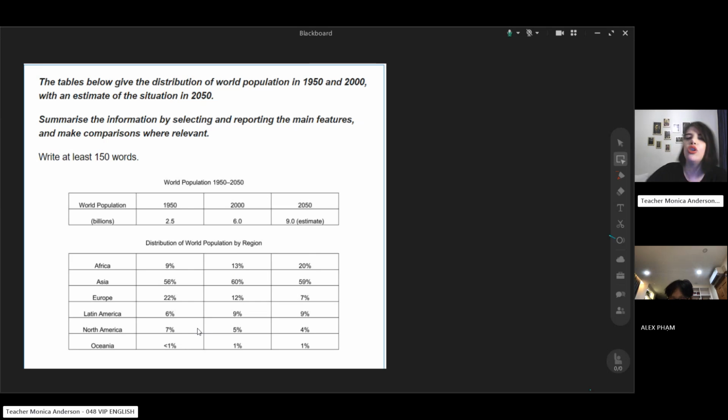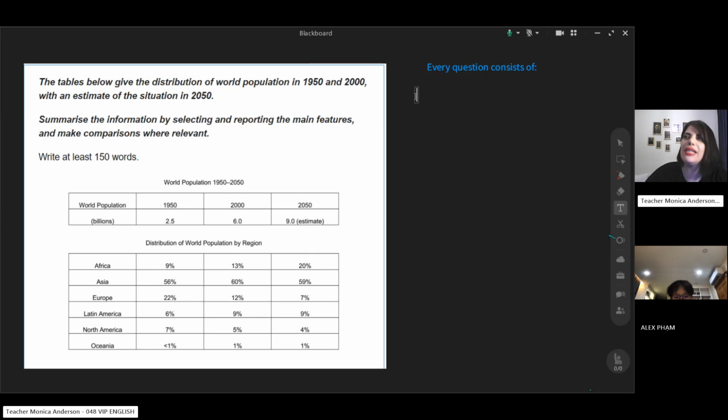Of course, let's write it. As you know, no matter whether the question is a line graph, bar chart, pie chart, table or process, every question consists of, we can say, three parts.